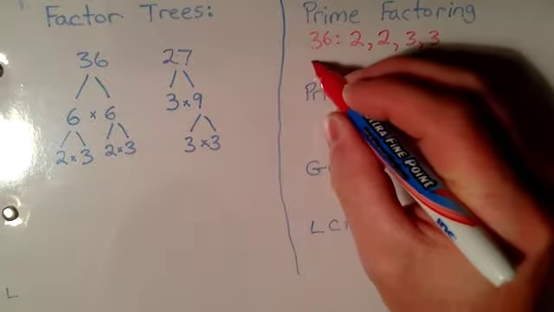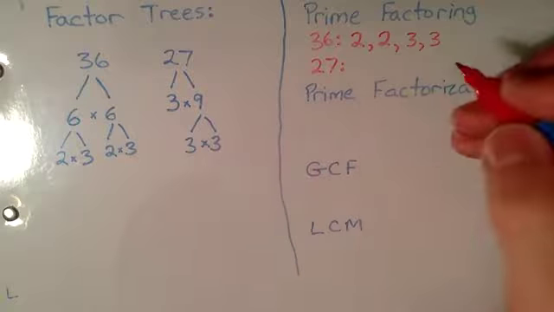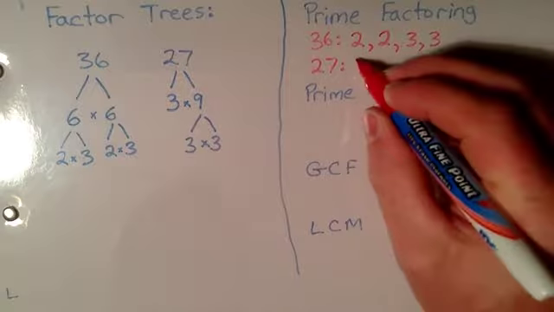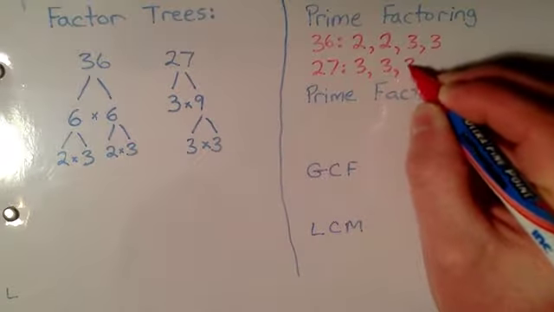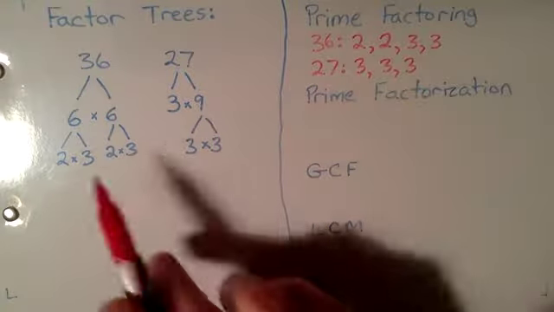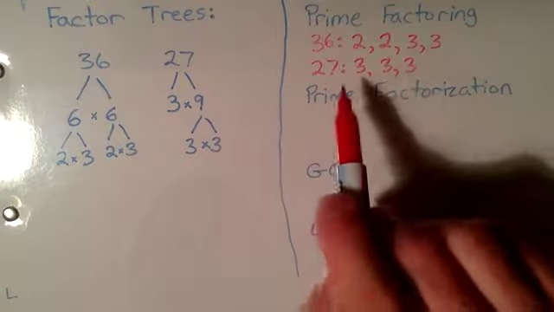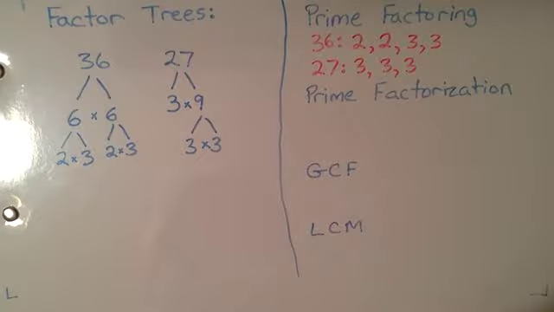The number 27 has the factors 3, 3, and 3. So it's important that you write this down the number of times that these occur. So there's 2 2s and 2 3s in this one, and 3 3s in this one.